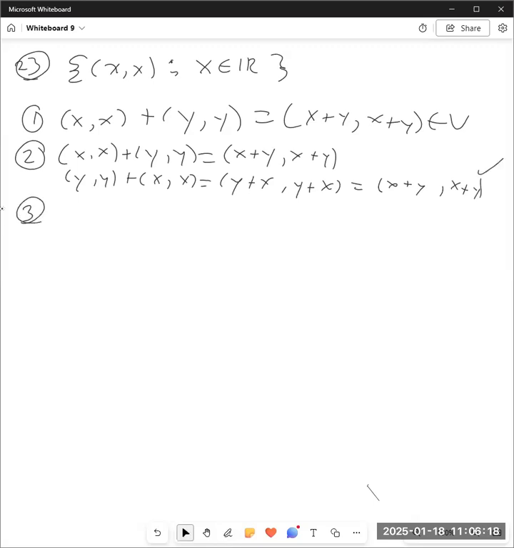Number 3 says if I have x plus y plus z, then that is going to be equal to x plus y plus z.